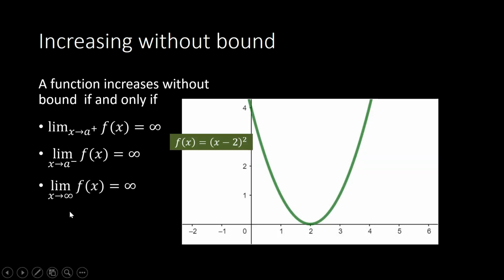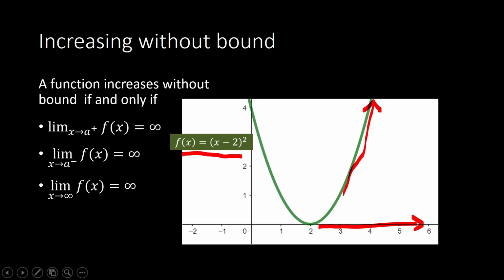So when your function behaves this way, your function increases without bound. Your function increases without bound if and only if the limit of your function as x approaches infinity is infinity. Here, when our x approaches infinity, your function has a value because this is a polynomial function. The domain of the polynomial function is the set of real numbers. So as x approaches infinity, your function goes to infinity as well.